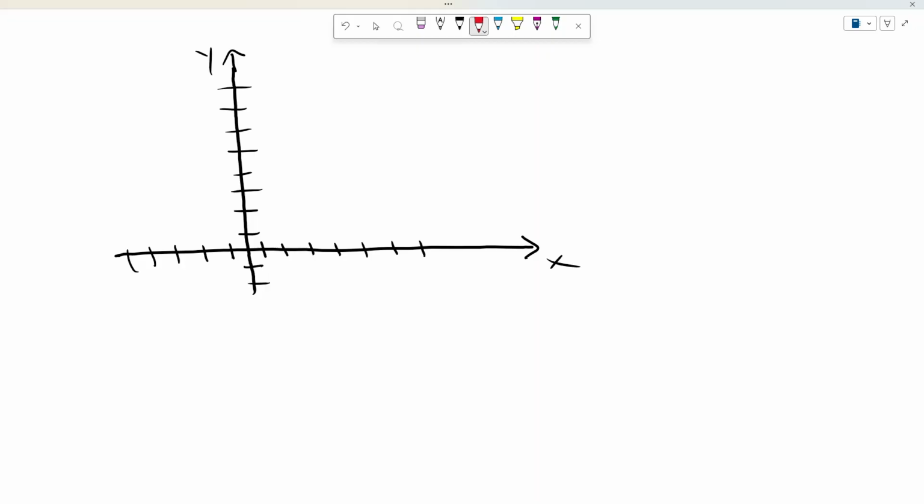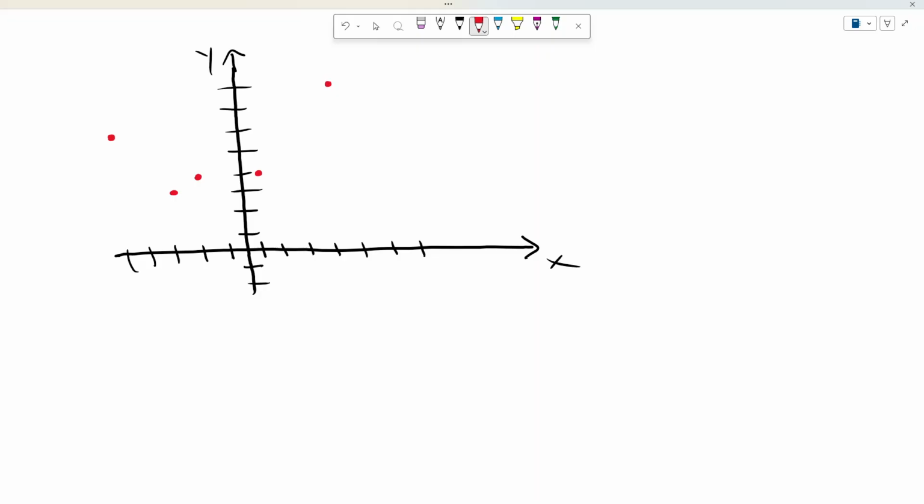Maybe we'll plot a point there, and then we'll plot one here, and then we'll plot a couple more.